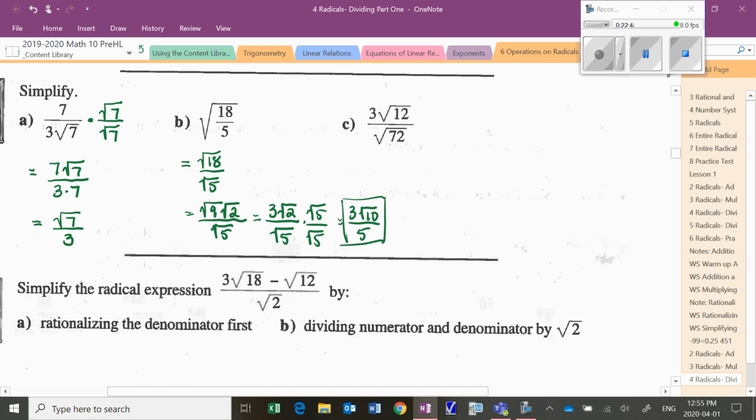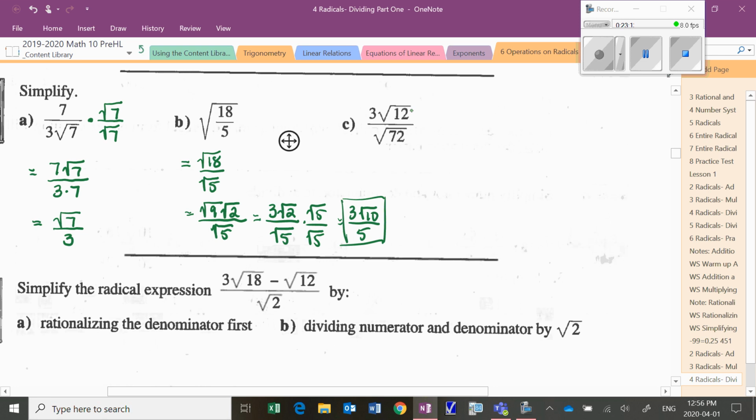Okay, for C, then again, I see a lot of people just jumping right in to rationalize, and they multiply by root 72 over root 72. Again, that's not incorrect. However, I personally don't know what root 72 times root 12 is, and so to avoid having to work with larger numbers, I like to simplify first.